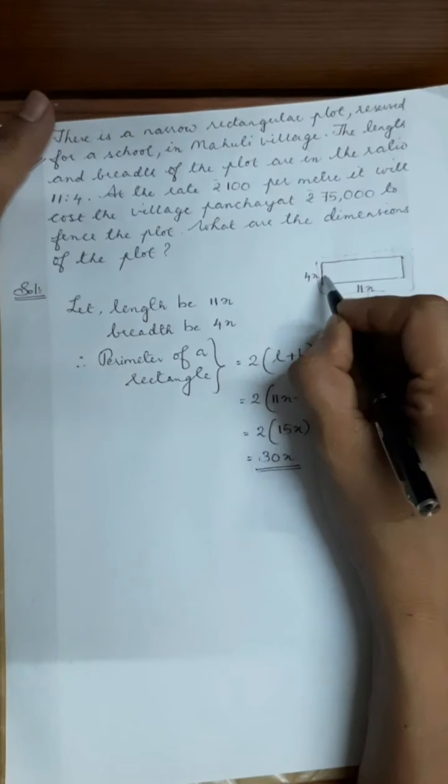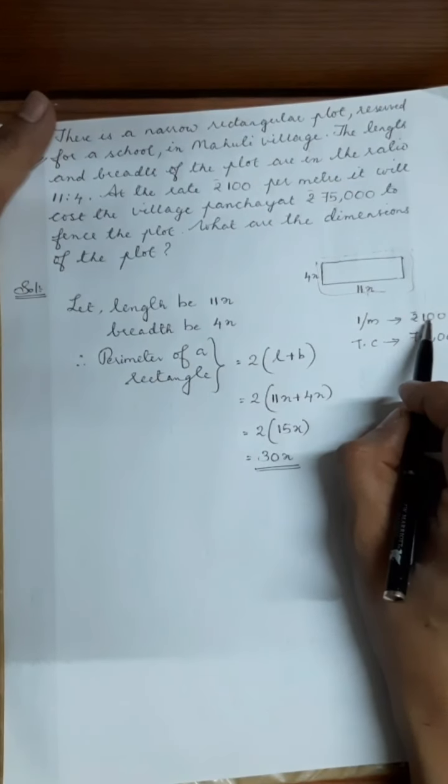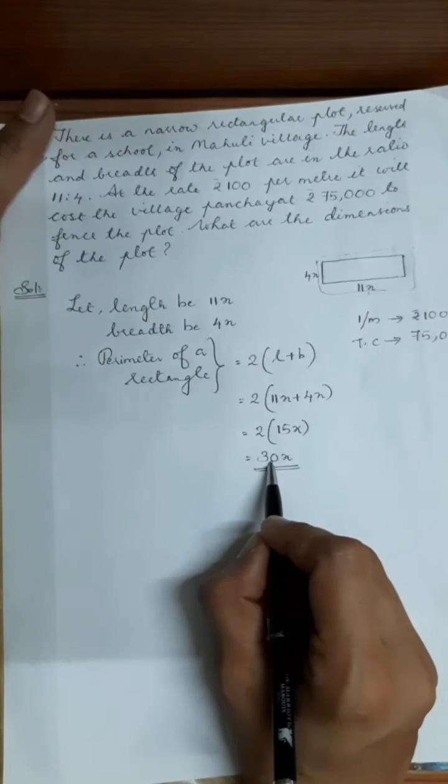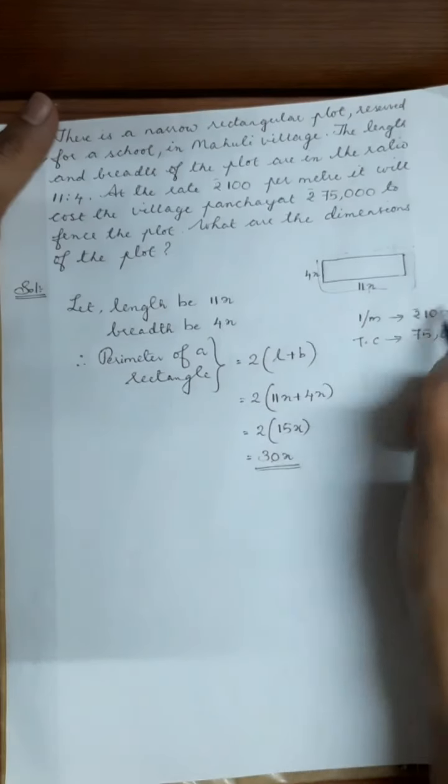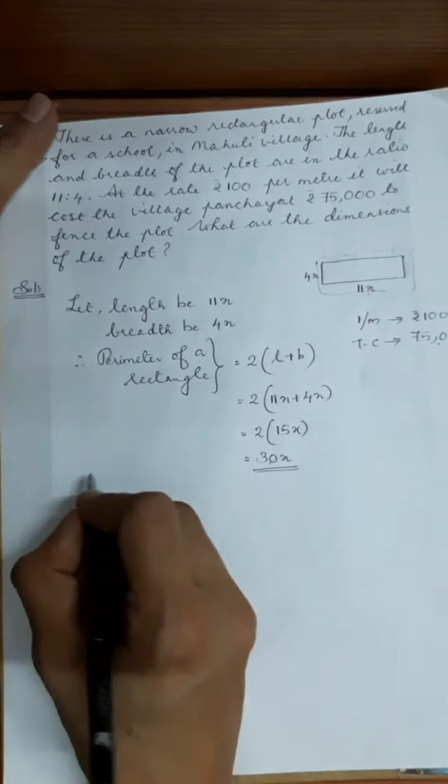Now we got the perimeter. We know that for 1 meter it costs 100, and we know the perimeter of the rectangle, and the total cost is given as 75,000.